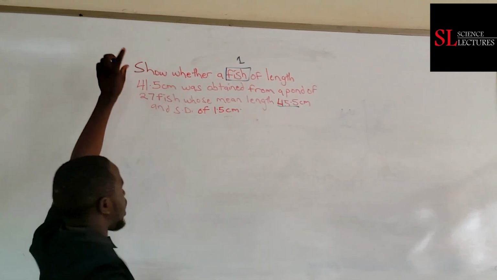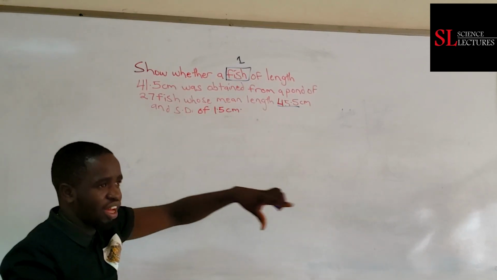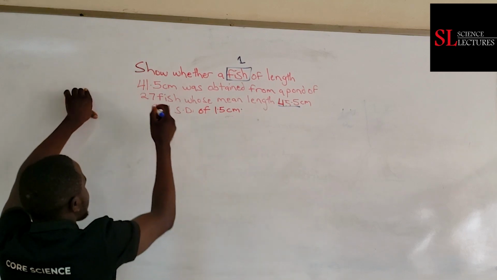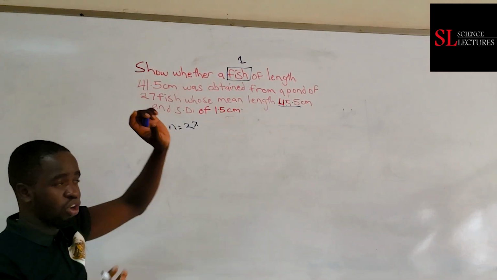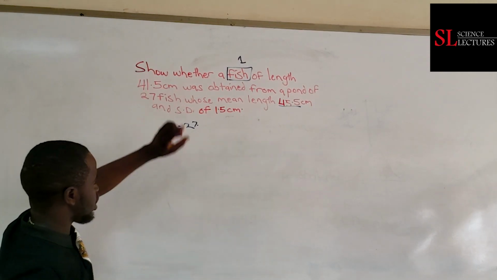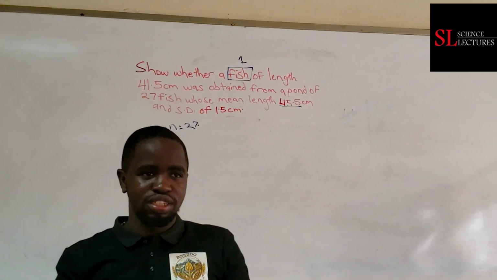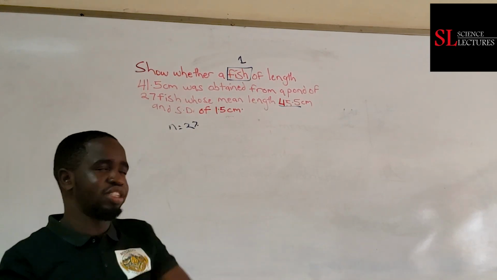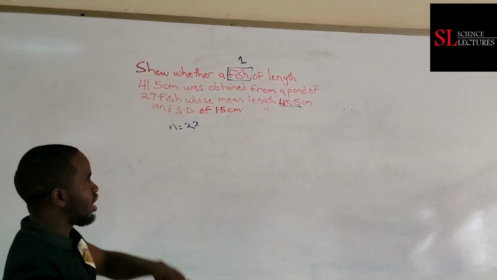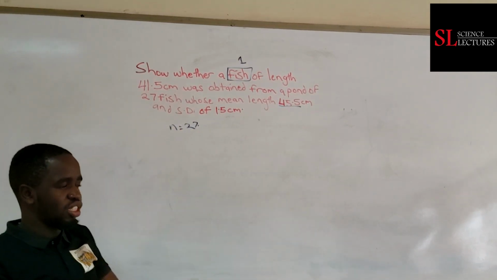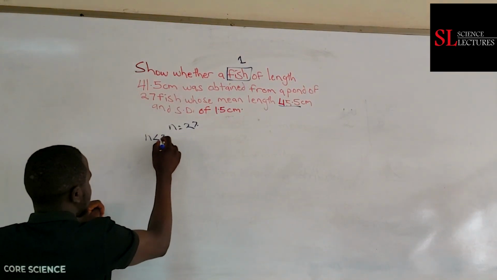So I am comparing one individual with the mean of other fish, and the value of n is 27, which is below 30. Yeah. So definitely from that you are supposed to know that they have told me to use a t-test, but a one sample t-test, because it is one fish being compared with the mean of other 27 fish. And it is a one sample t-test because the value of n is less than 30.